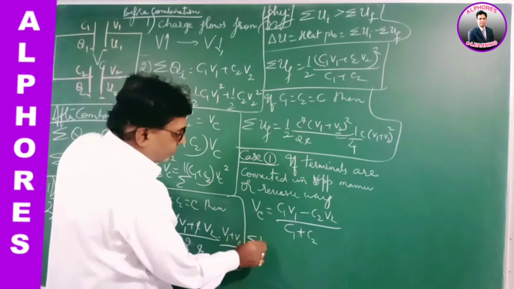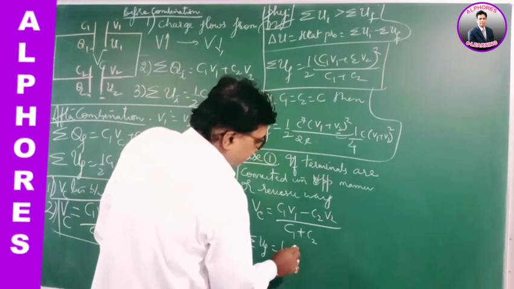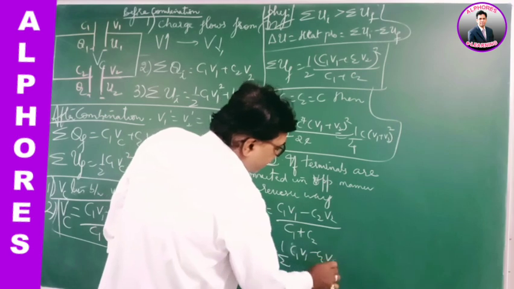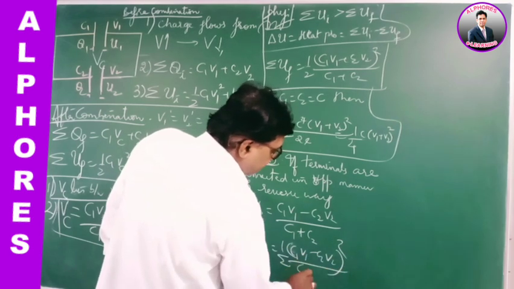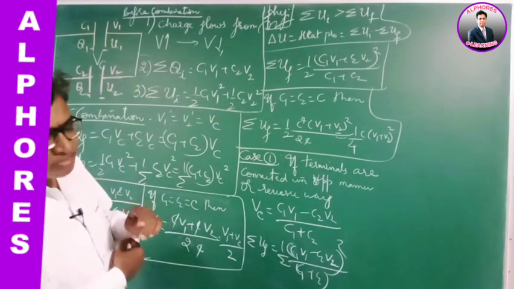What is the total final energy? It will be half of (C1 V1 minus C2 V2) whole square by (C1 + C2), if the terminals are opposite.